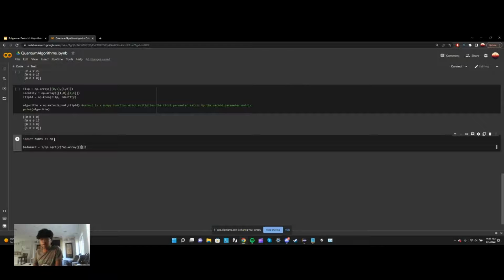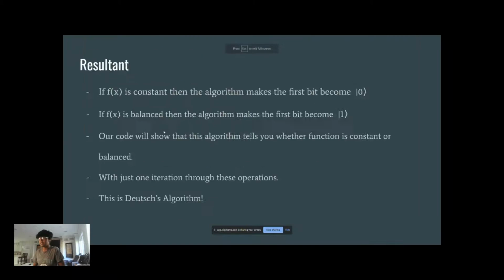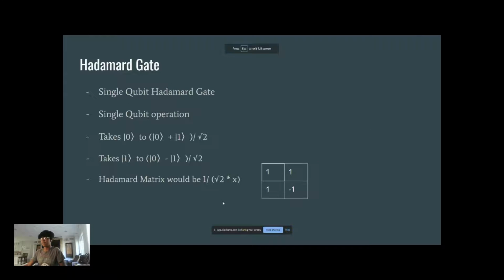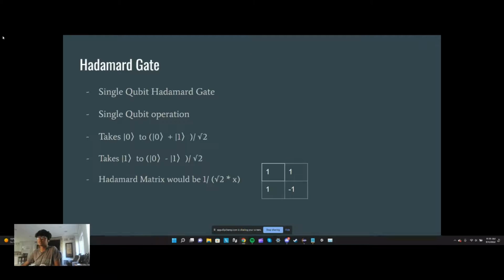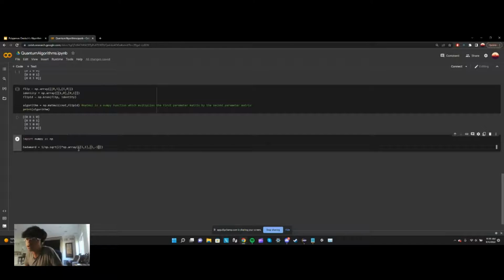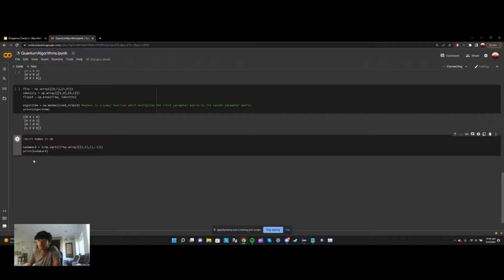So we're going to have 1, 1, and then 1, negative 1, and that is really just the matrix that we had seen right here. All right, that's our Hadamard gate matrix. So let's run this, and then if we just print Hadamard, we would just give this a few seconds. Yeah, this is the matrix that we get now.